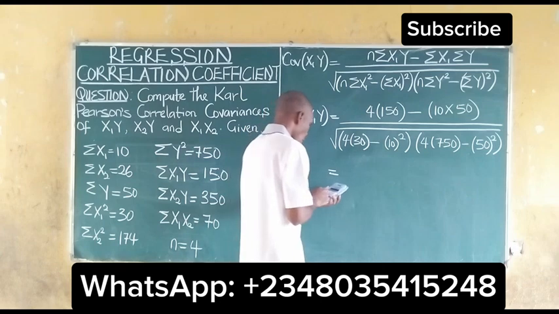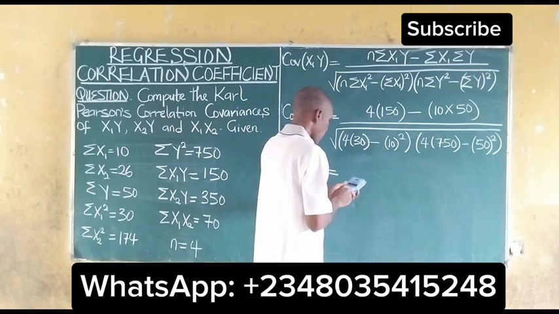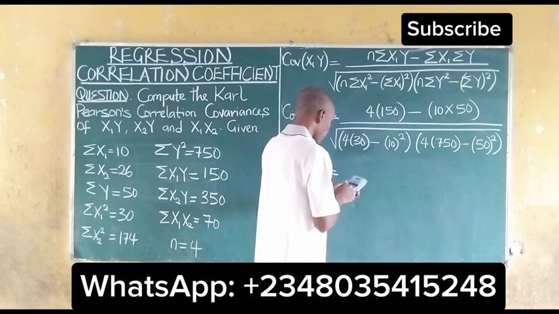Now we have 4 multiplied by 150 minus 10 multiplied by 50.